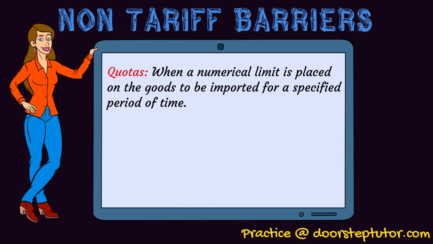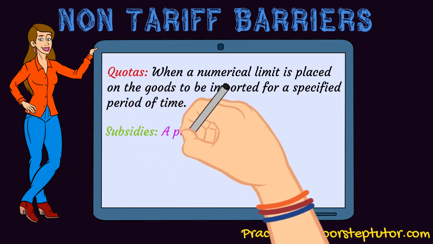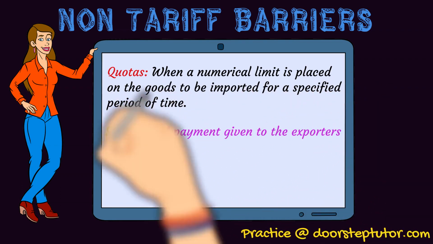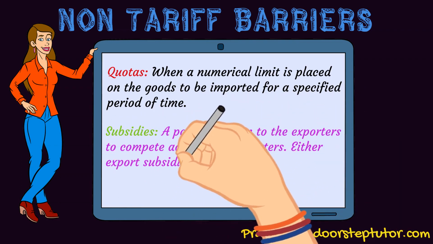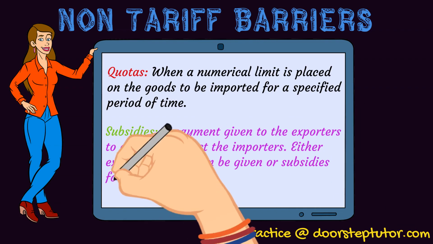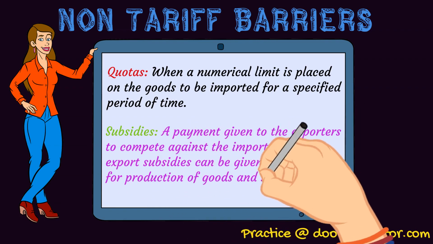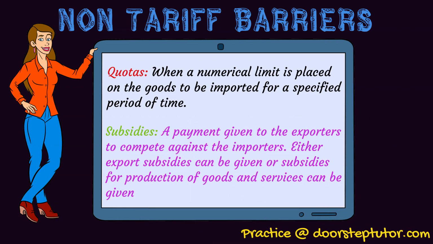Then there is the other one, which is subsidies, a payment given to the exporters to compete against the importers. The government basically gives a payment. Now, in two ways it can give the payments: either after manufacturing of the good has been done, or for the production of goods and services.